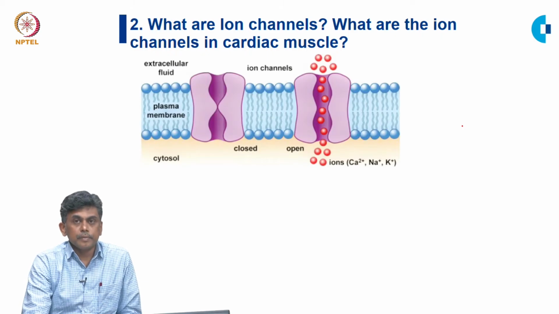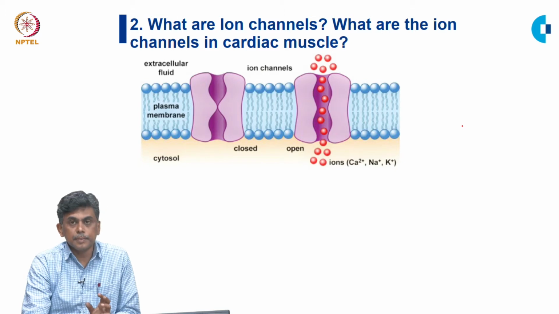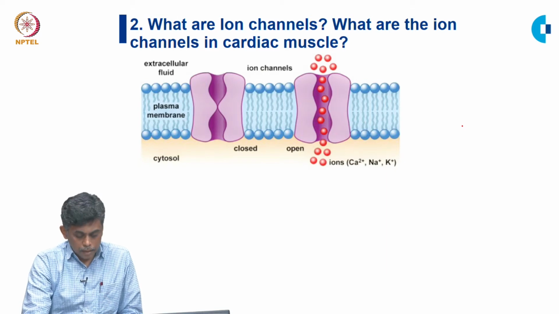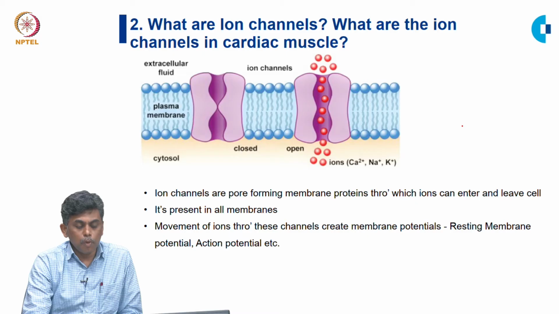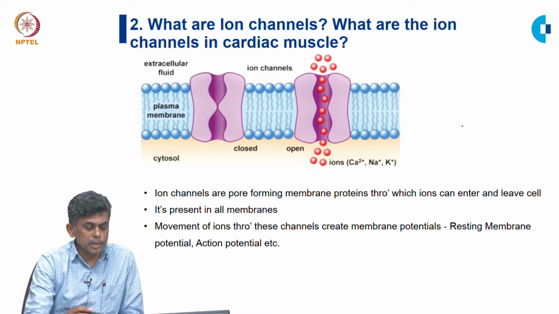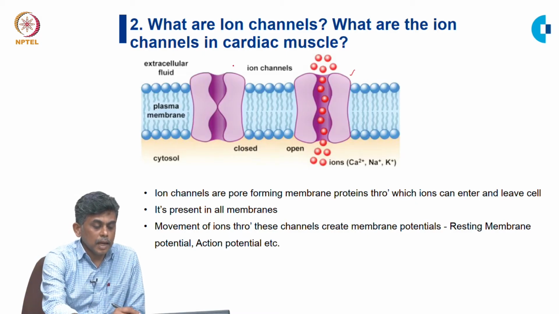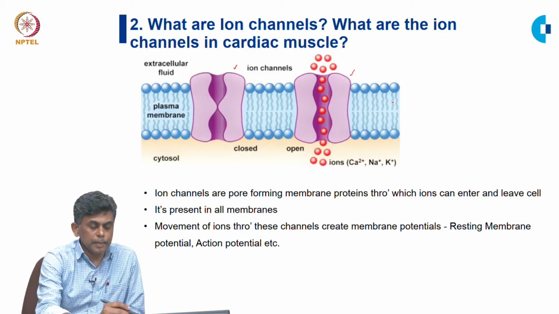Now, second point, we have to know what ion channels are and which ion channels are present in the cardiac muscle. Ion channels are pore-forming membrane proteins. As you see, these are the ion channels, and they are present in the membrane and help us communicate between the extracellular and intracellular spaces.